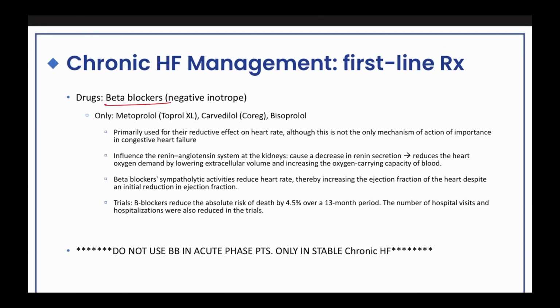Beta blockers. The only ones that we give are metoprolol, Toprol XL, carvedilol, Coreg, which is the main one, and bisoprolol. Obviously, they're all beta blockers, so they end in olol. But Coreg, carvedilol, is the big one that we give with heart failure.